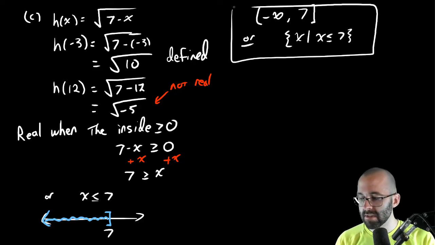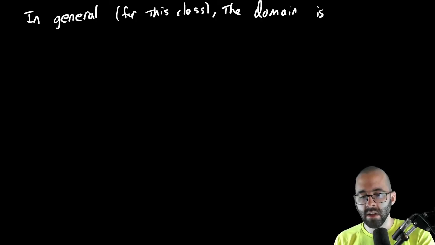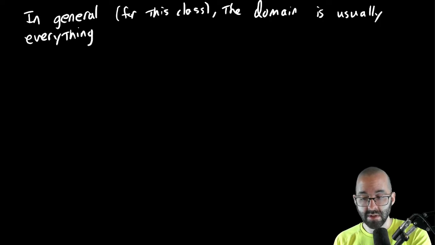So let's summarize for domains and ranges. In general, for this class, and there are exceptions for other functions, the domain is usually going to be everything except where we have some problems.